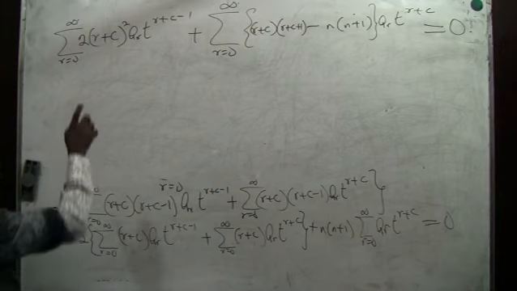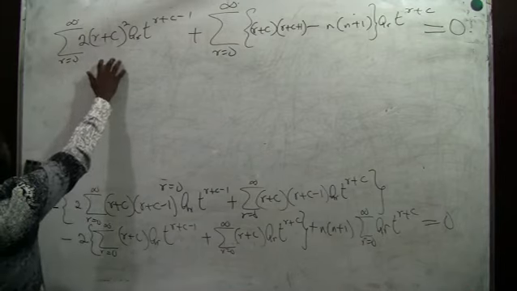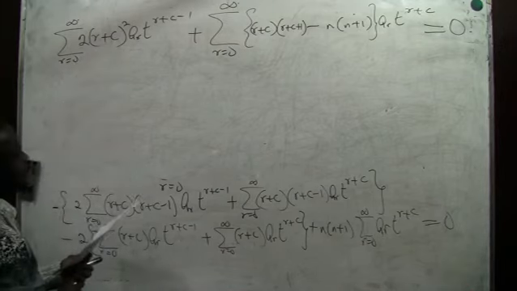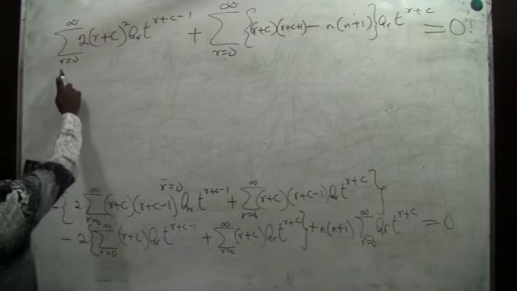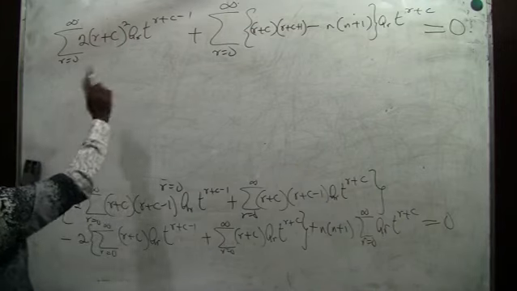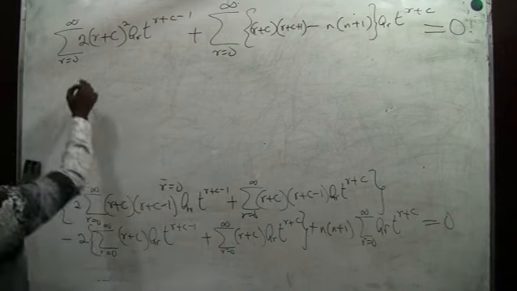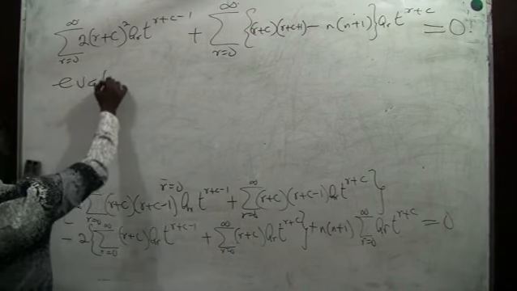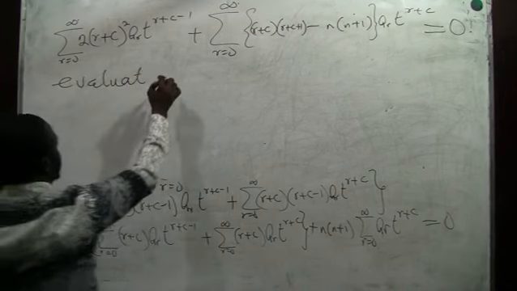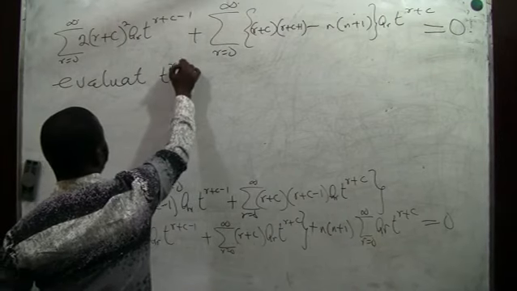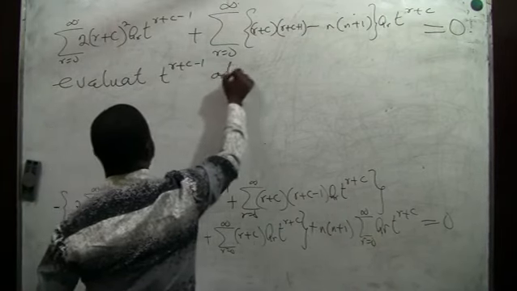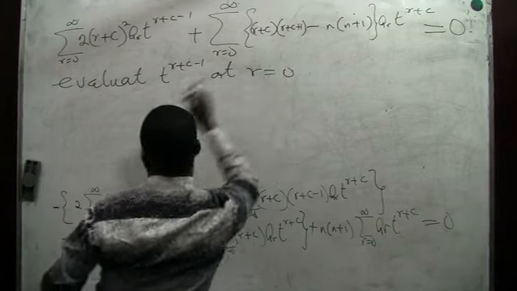To make them the same power, we focus on the least power. And since the difference between them is 1, we move this one forward, then we return it 1 step backward. How do I mean? Evaluate t raised power r plus c minus 1 at r equals to 0.